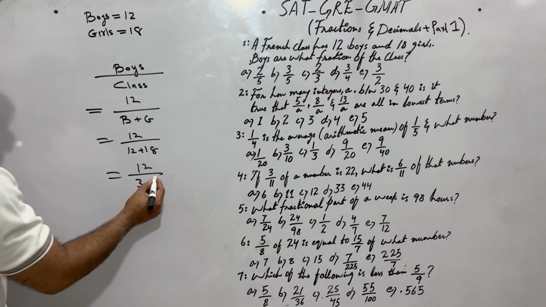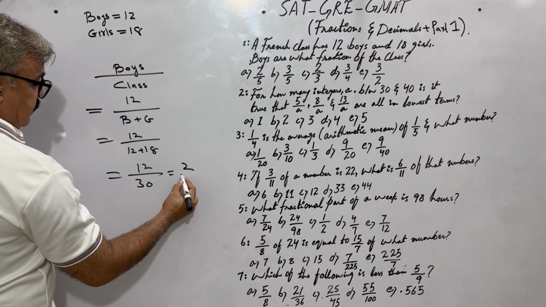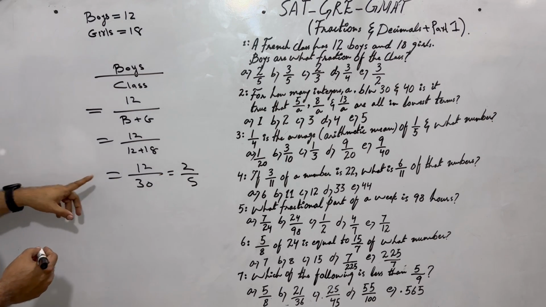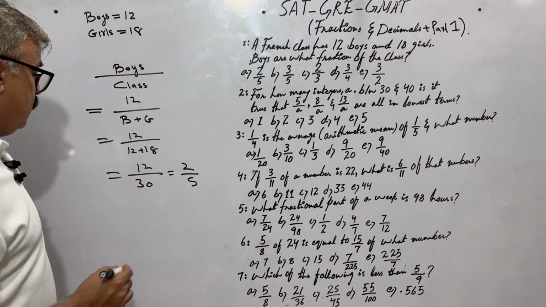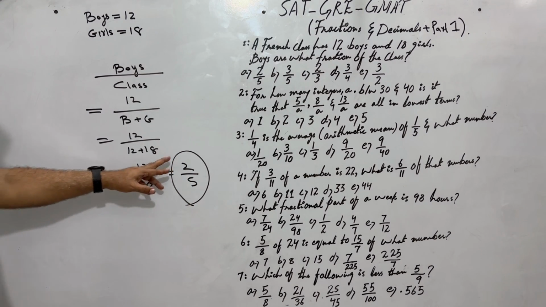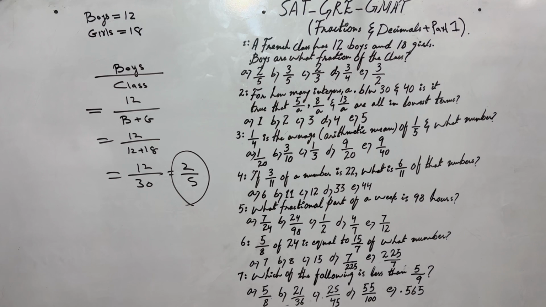Applying the table of 6, 2 times 6 is 12, 6 times 5 is 30, so 2 over 5. Boys are 2 upon 5 of the class.